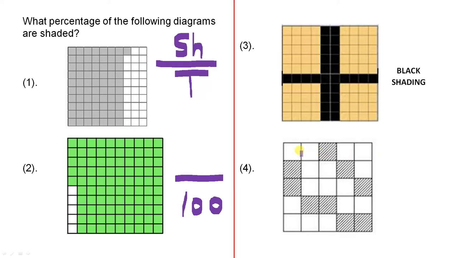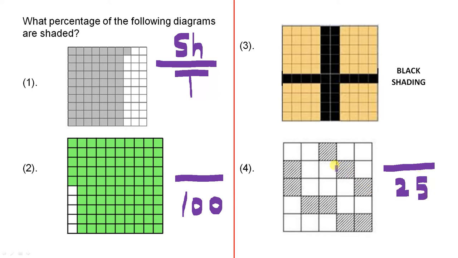Over here, now let's have a quick look at the total number of squares. 1, 2, 3, 4, 5. 5, 10, 15, 20, 25. So we've got 25 squares altogether.